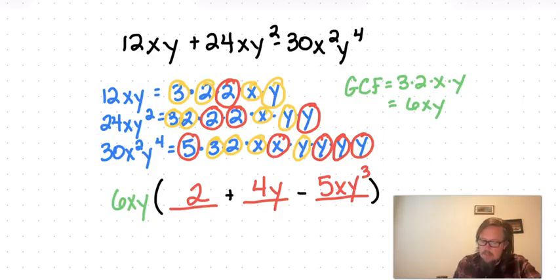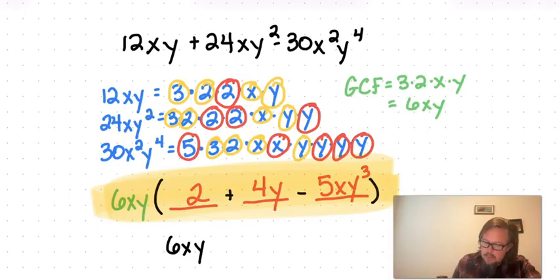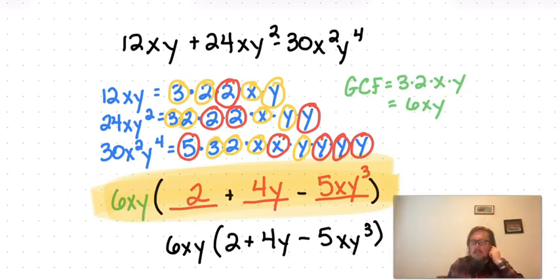And there's our answer. The two things that we multiply together to get that original polynomial is 6xy times the quantity 2 plus 4y minus 5xy cubed. And that is how we factor using the distributive property.